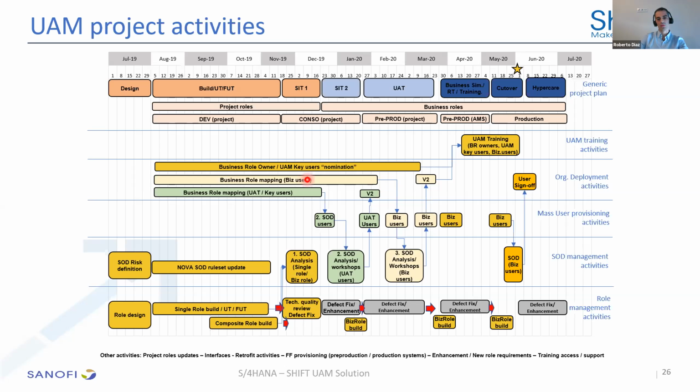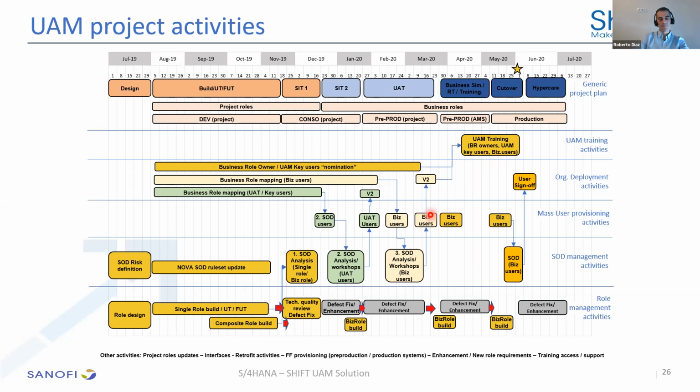So what we do is we provision the users in our lower environments. We run the analysis, and then we do SOD remediation activities to minimize as much as possible the conflicts, right? And then we also do training of the role owners and users on user access management related processes. So this is in a nutshell what we do.